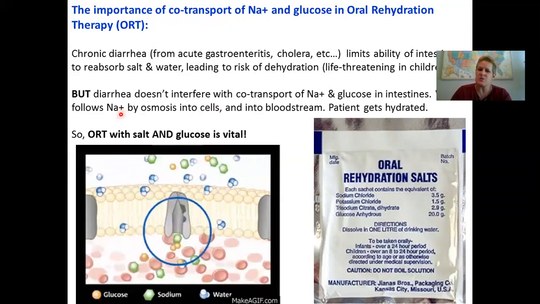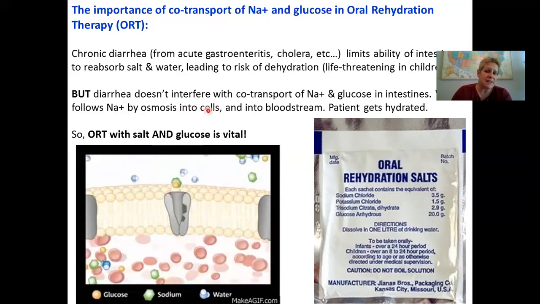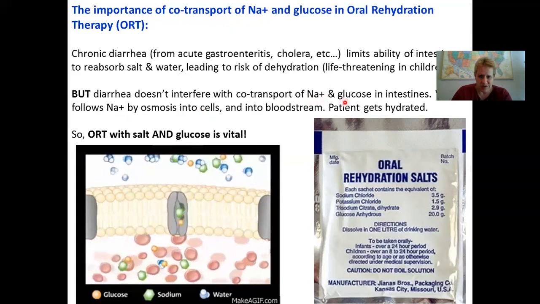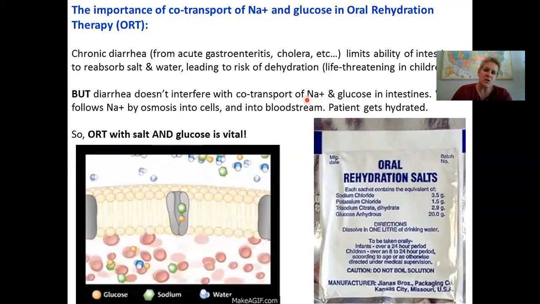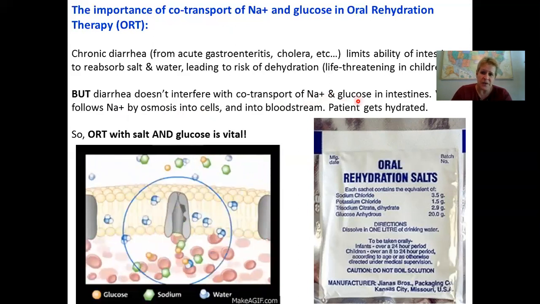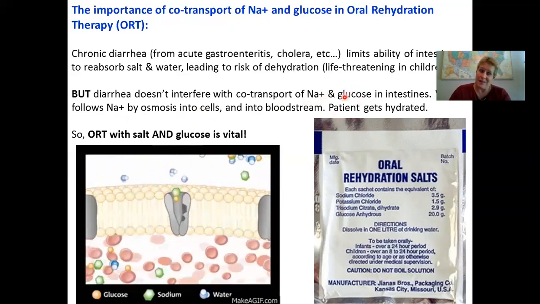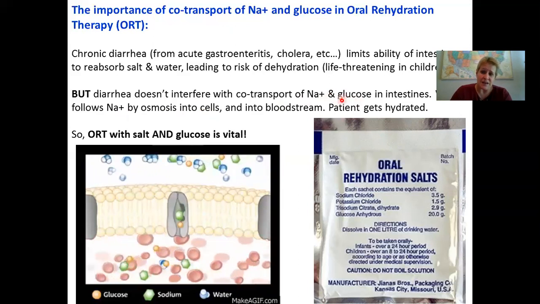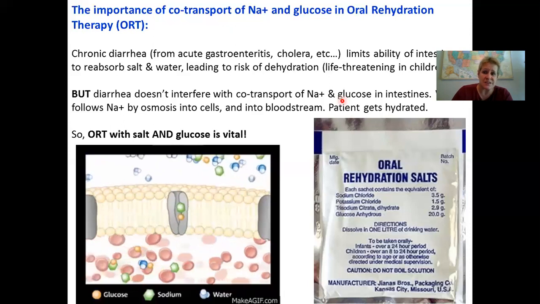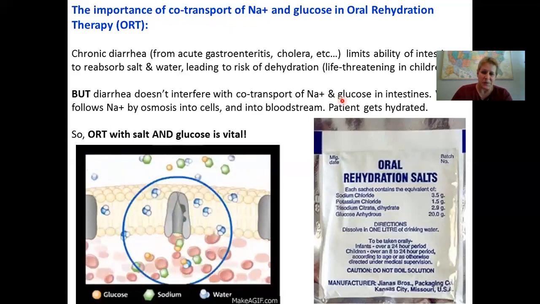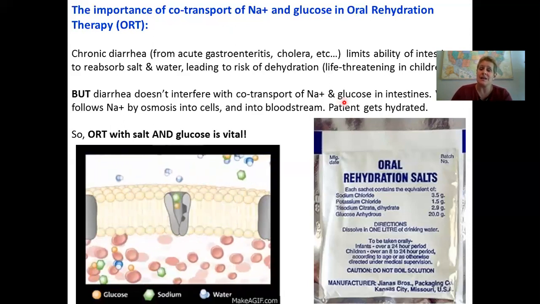And the passive transport of the sodium fuels the active transport of glucose across the intestinal wall. And both sodium and glucose going into your bloodstream make your bloodstream more concentrated with solutes at that intestinal wall, and water's going to follow those things fast, okay? And that means the patient is going to get hydrated.